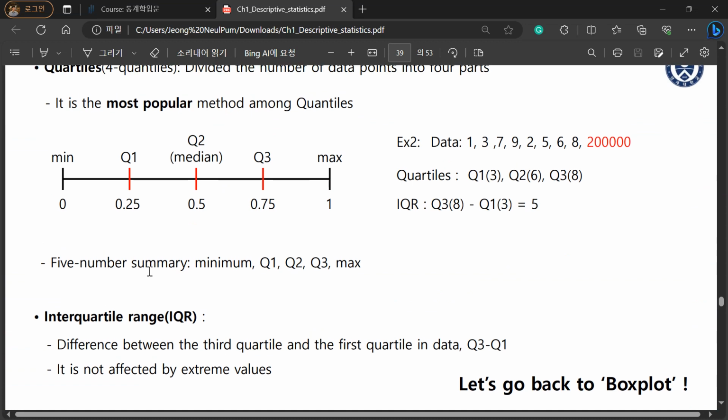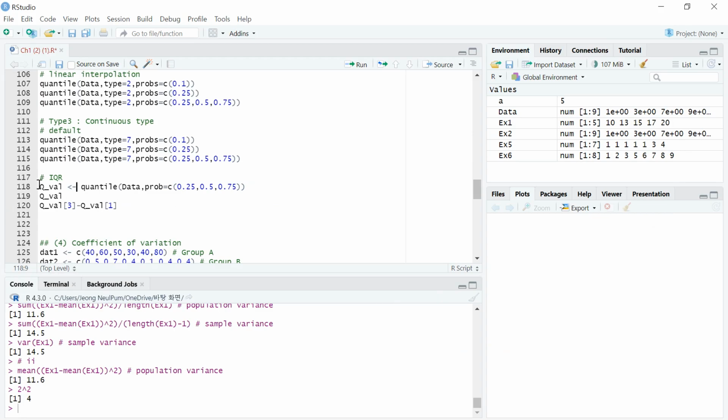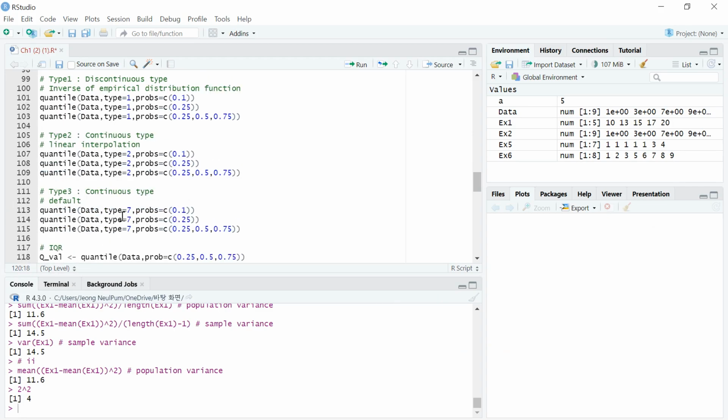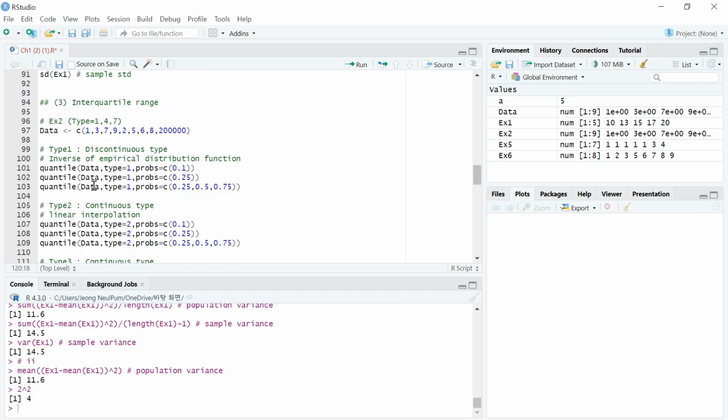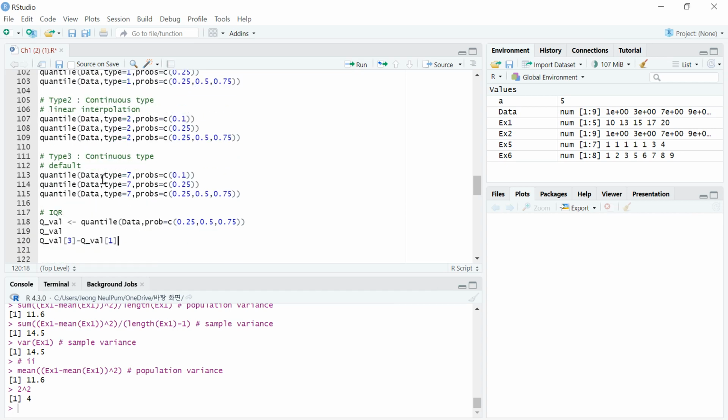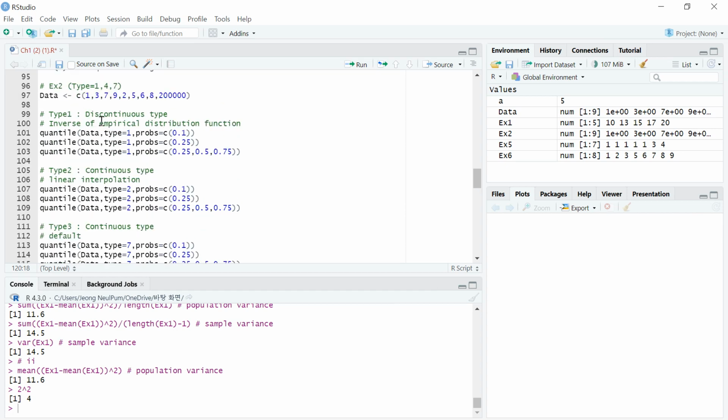IQR is the difference between these two values, and we can get these two values with this quantile function. More will be in Professor Park's video, so I will skip this part briefly.